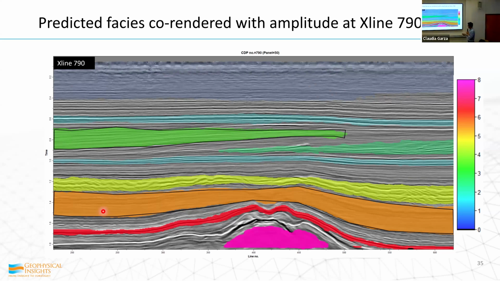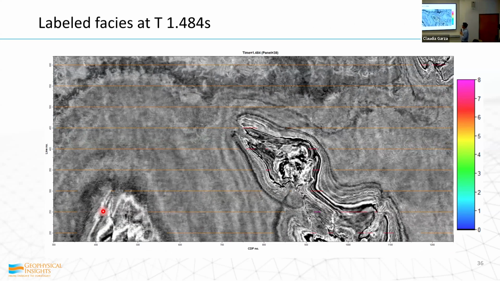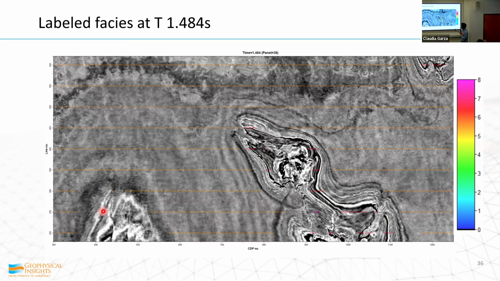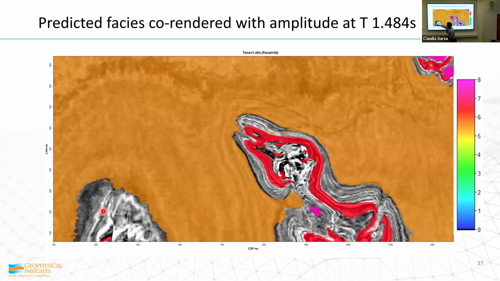Overall, yeah. How about the time slice? This is the same one, but on the time slice at 1.484 seconds. And this is my label at this time slice. And this is the AI result. Note that here, I know that here, which I didn't pick.